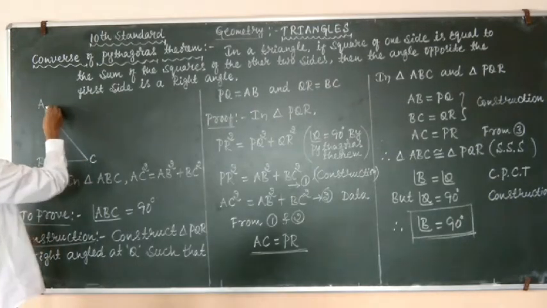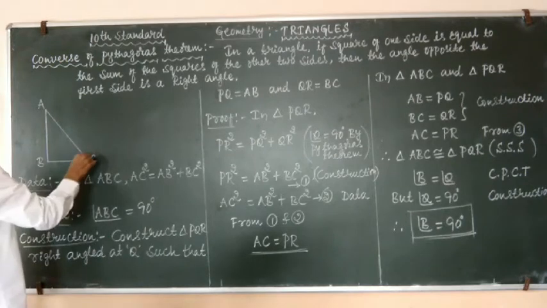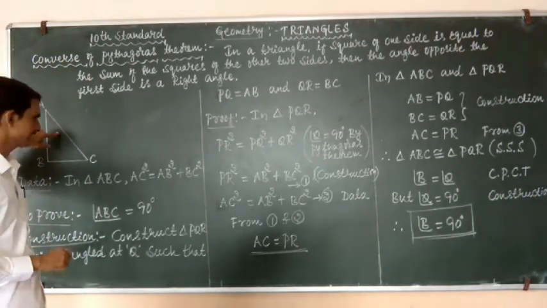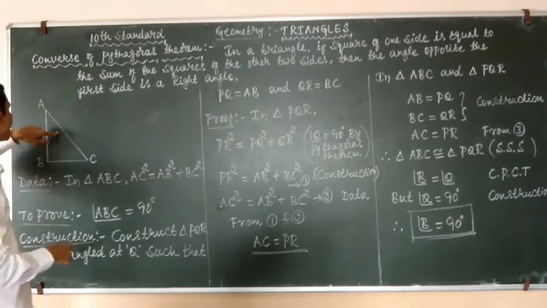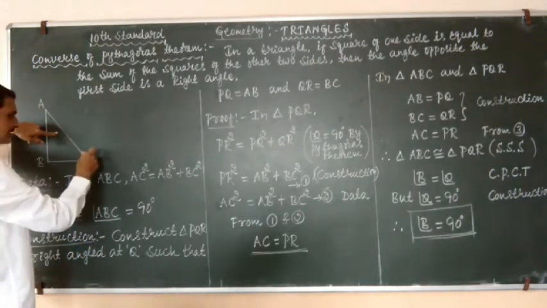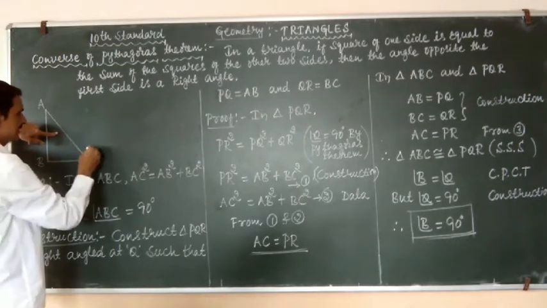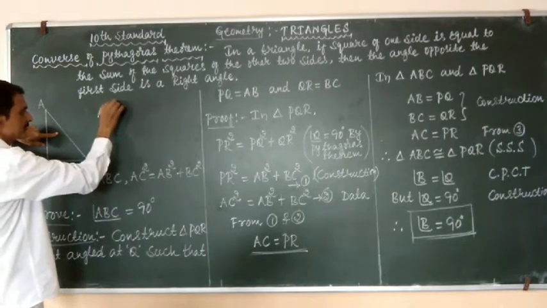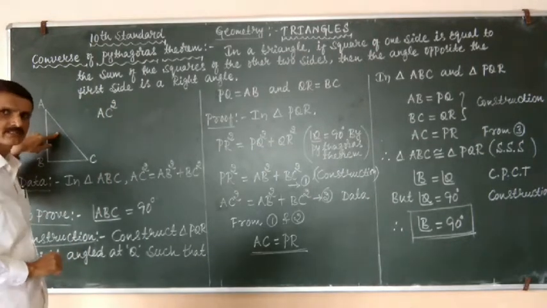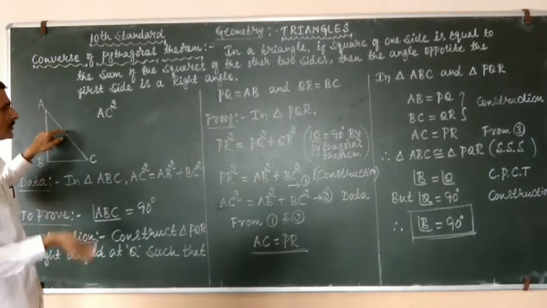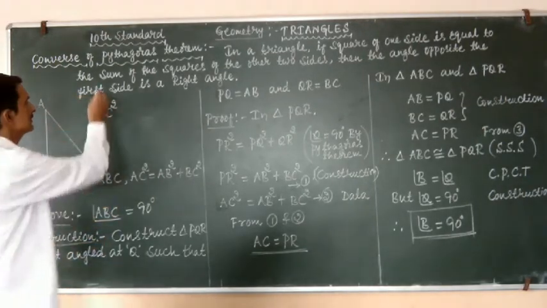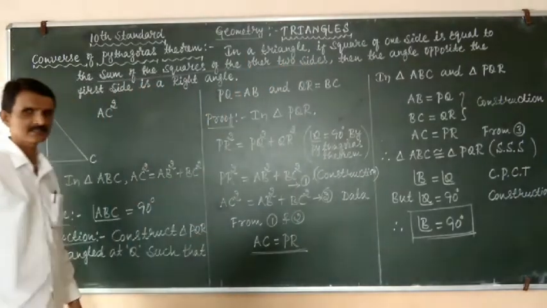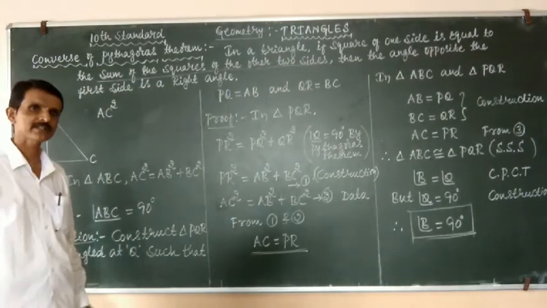If I have taken ABC as a triangle, and here I take the first side as AC, the square of the first side, that means AC square, is equal to the sum of the squares of the other two sides.